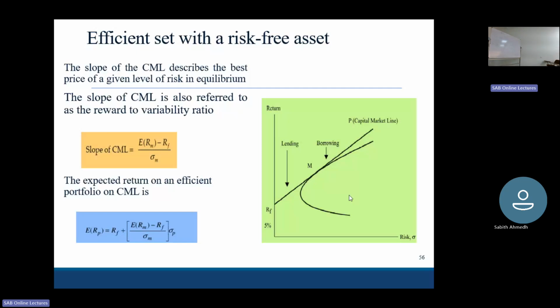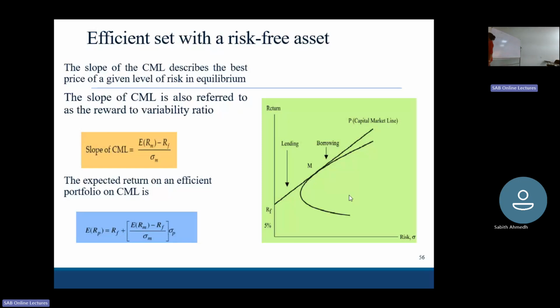The slope is the systematic return provided per unit of systematic risk. This slope you multiply by your portfolio standard deviation, which indicates only the systematic risk.